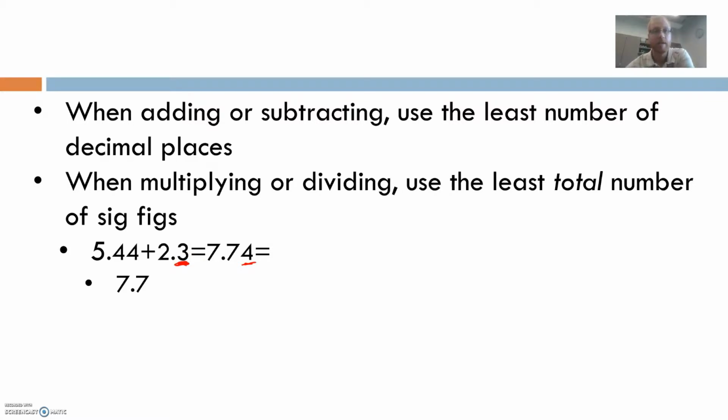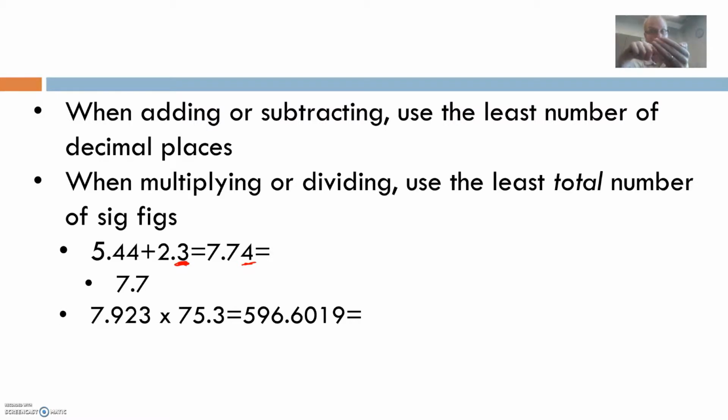When you're multiplying and dividing, all right, 7.923 times 75.3. You plug it in and you get 596.6019. But here's the thing. You don't know all of those numbers. This number right here has 1, 2, 3, 4 significant digits in it. This number right here has 1, 2, 3 significant digits in it.